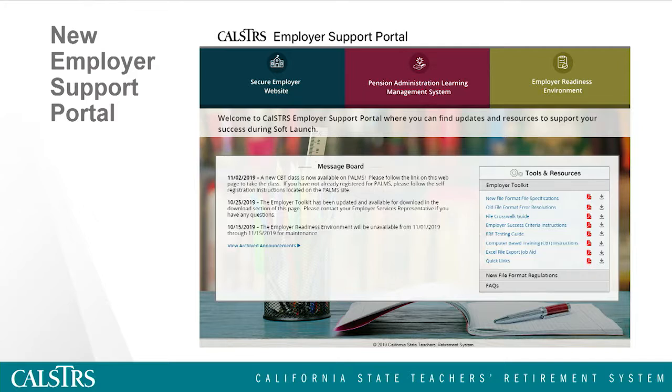We're creating classes, and you could determine, you know what, I need all my districts to take this class. So you could ask your districts to enroll in those classes, to take those CBTs, and it just depends on the kind of functionality you want your districts to get trained on. And so that's really exciting for us.